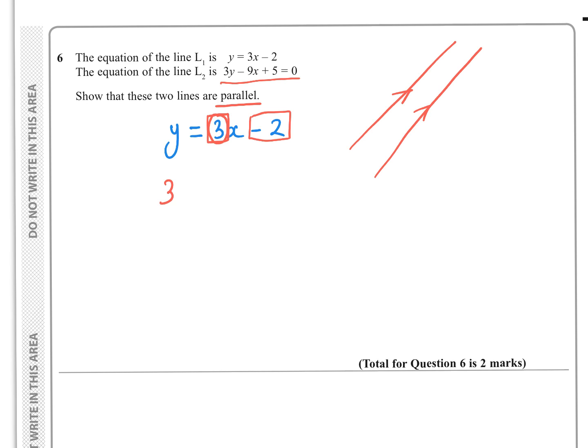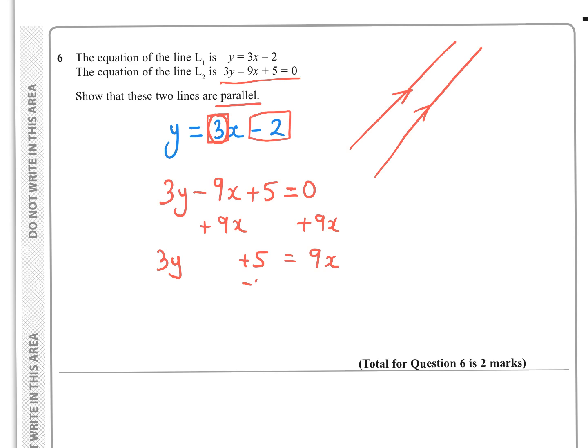So if we take the line 3y minus 9x plus 5 equals 0, and we rearrange it to get y on one side, we can add 9x to both sides, and that would give us 3y plus 5 equals 9x.